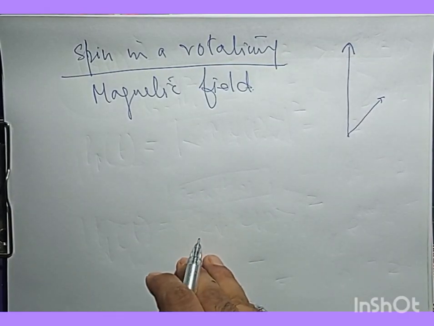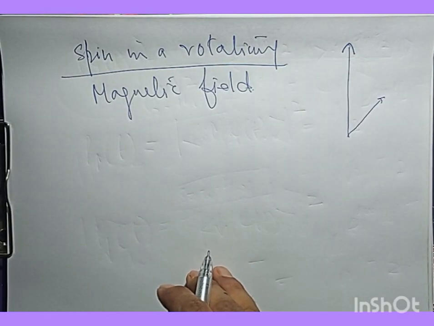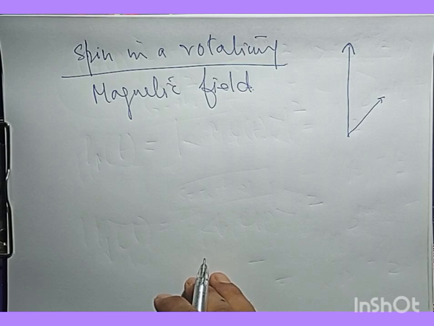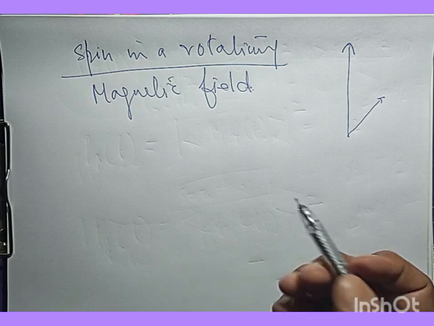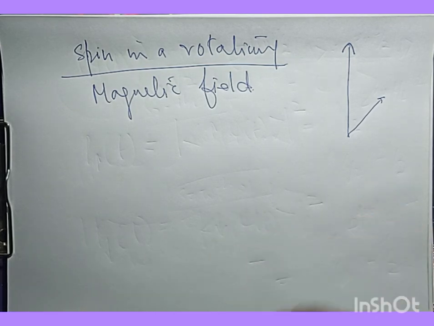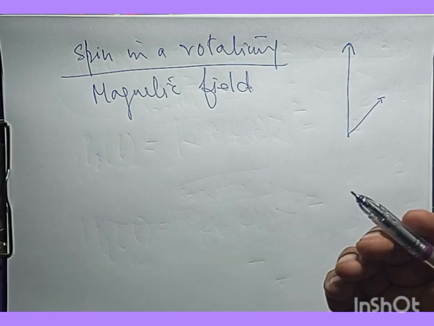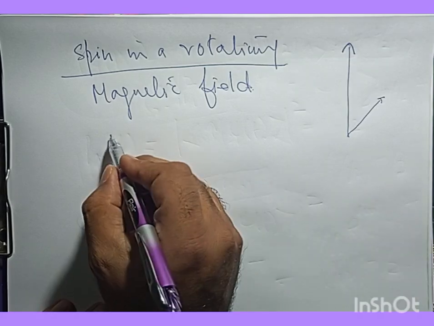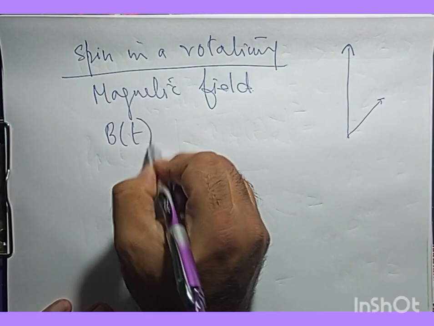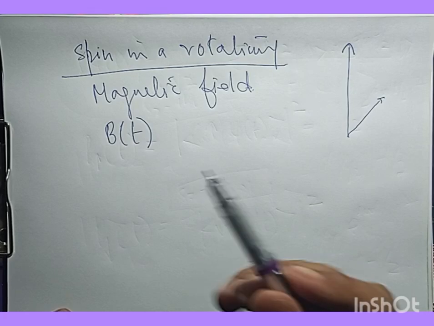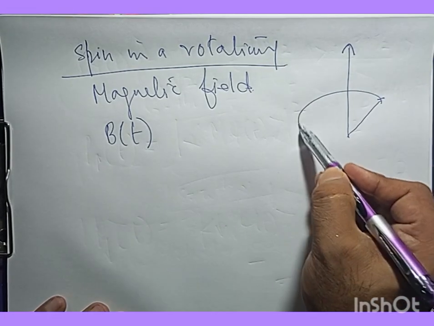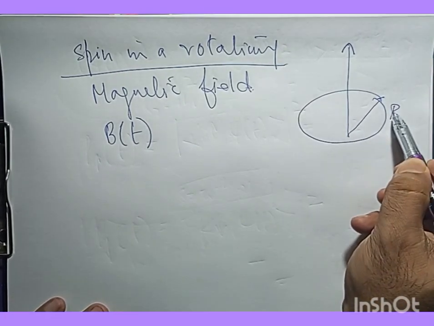Now, if we have spin in a rotating magnetic field, how will we analyze the spin, and what will be the outcomes? Now what we have is a situation in which we have an electron, and this electron is placed in a magnetic field, say B of t, that rotates. Now this magnetic field is rotating.